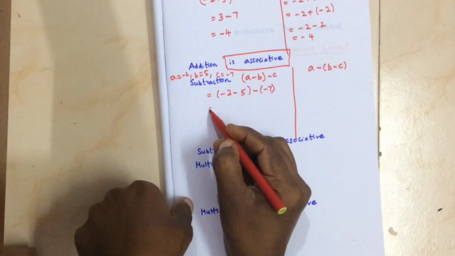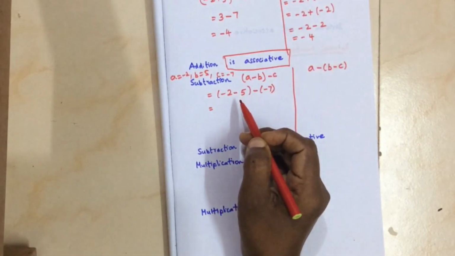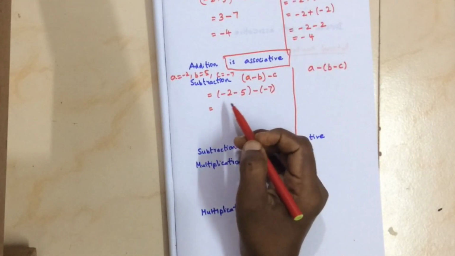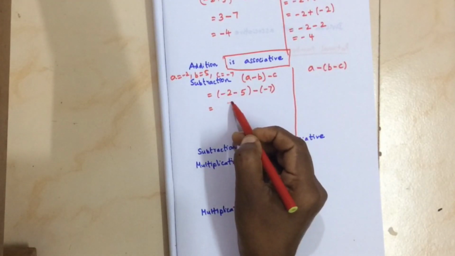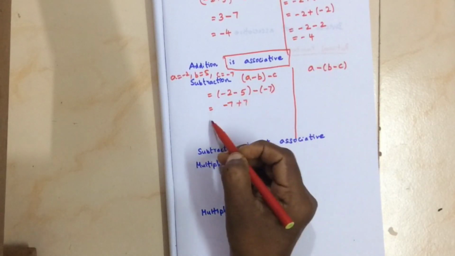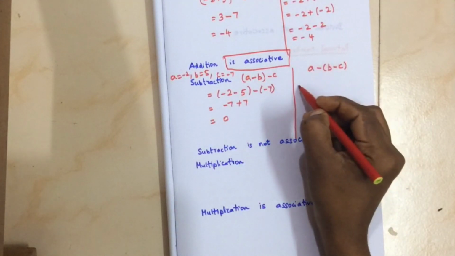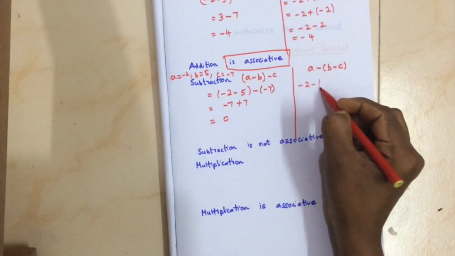Okay. So what is minus 2 minus 5? Whenever there is the same symbol, you have to add and put the symbol. So 5 plus 2 is 7 and minus. Minus into minus is plus 7. What is this, 7 minus 7? 0.